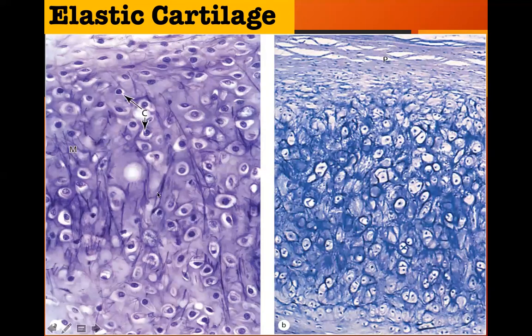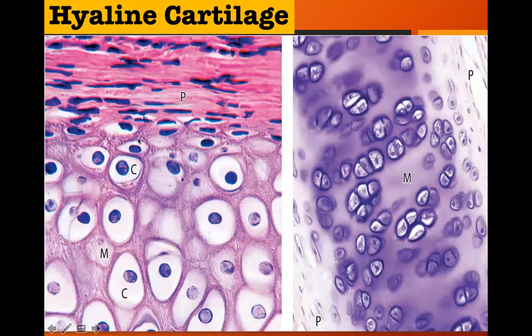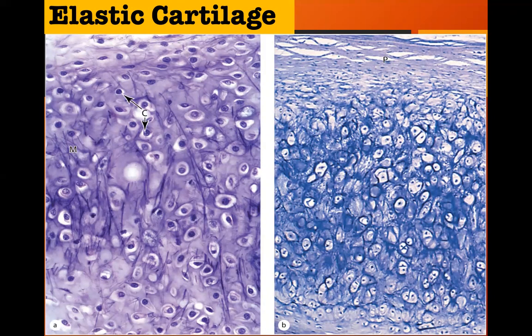Those are the elastic fibers, a really dirty looking appearance. Take note of the chondrocytes in both the hyaline and the elastic.